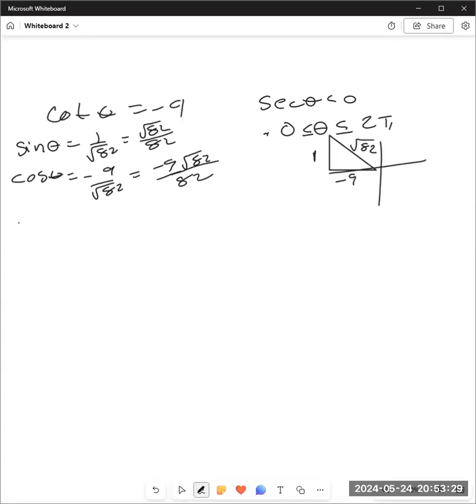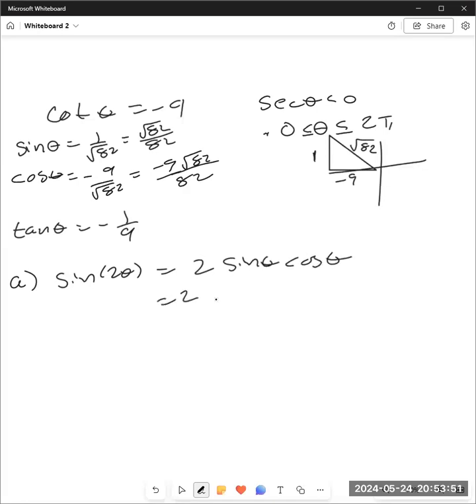Tangent is negative 1 over 9. And we'll see if we need any of the other trig functions here in a little bit. And we have sine of 2 theta, once again, which is 2 sine theta cosine theta, which is 2 times root 82 over 82. And that's 41. That's root 82 over 41.